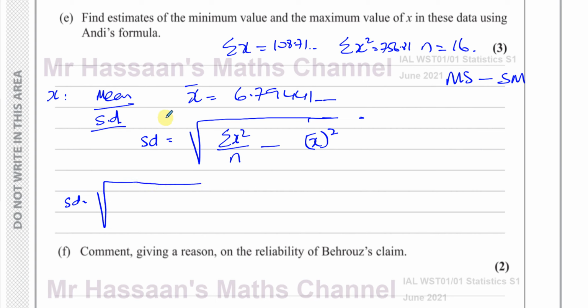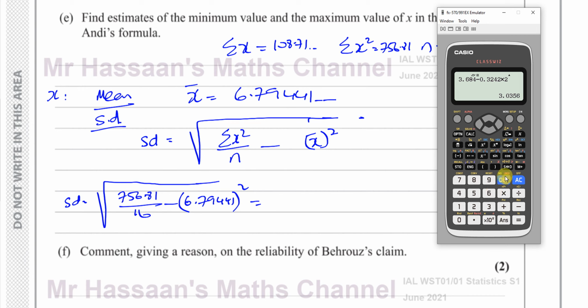So you have the sum of x squared, which you already have, 756.81, divided by 16, minus the square of the mean, 6.79441. This is squared, sorry. The mean of the squares minus the square of the mean, so you square that.